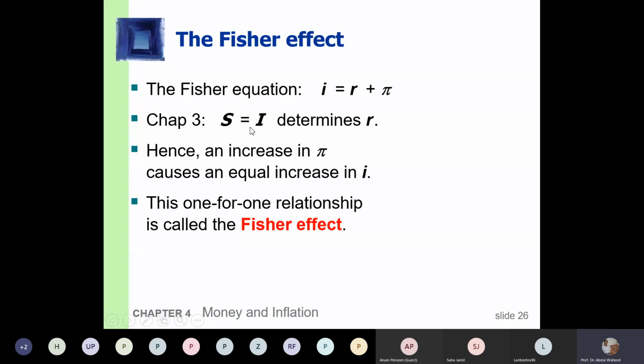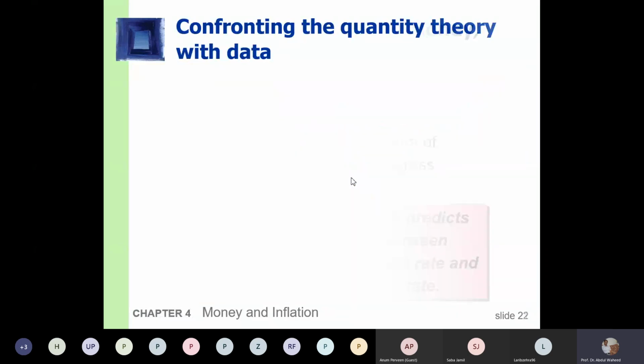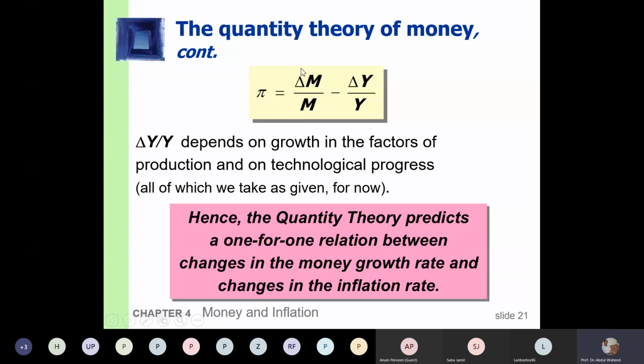Because the real interest rate depends on the supply of loanable funds and demand for loanable funds. So when money supply increases, it will not affect the real output. So from here we can say that when money supply increases by 2%, inflation rate will increase by 2%, because real output depends on factors of production and technology.